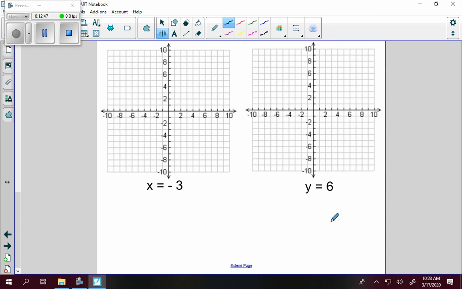Right? If I'm graphing x as negative 3 or y as 6, I notice that there's not an x and a y in those equations.